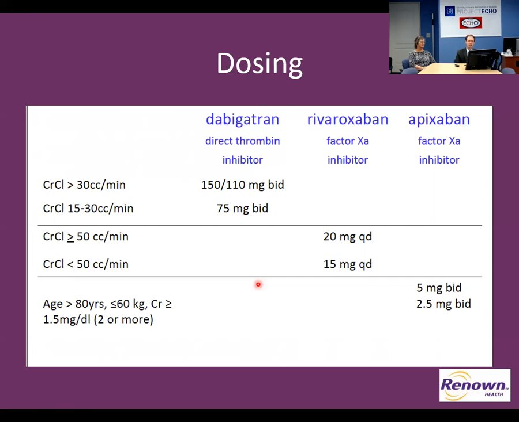But of course all the little old ladies are the ones who are going to bleed if anybody bleeds with these blood thinners. And so I'm always very careful, and especially she's 90 and you have to take all these things into consideration. And so if I gave her Xarelto for the convenience of once daily dosing, then she really should be 20 milligrams because she has totally normally functioning kidneys.